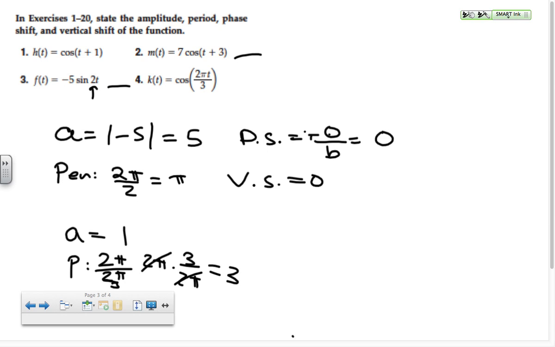And these are hard to graph because typically we graph in terms of pi. This has no pi, so these are really hard to graph. Phase shift, again, is 0 over 2 pi over 3. It's still 0. And my vertical shift is also 0.